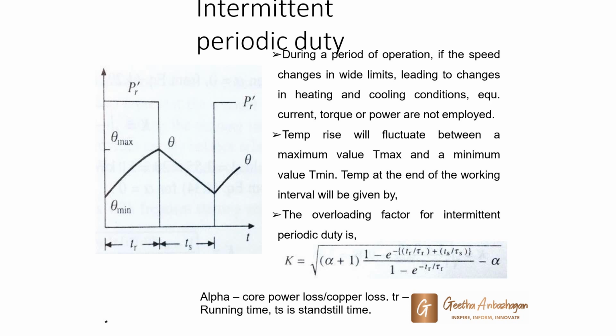As the motor is subjected to a periodic load, after the thermal steady state is reached, the temperature rise will fluctuate between a maximum value and a minimum value. For this load, the motor rating should be selected such that theta max is less than or equal to theta permissible, that is, the permissible temperature rise of a motor.